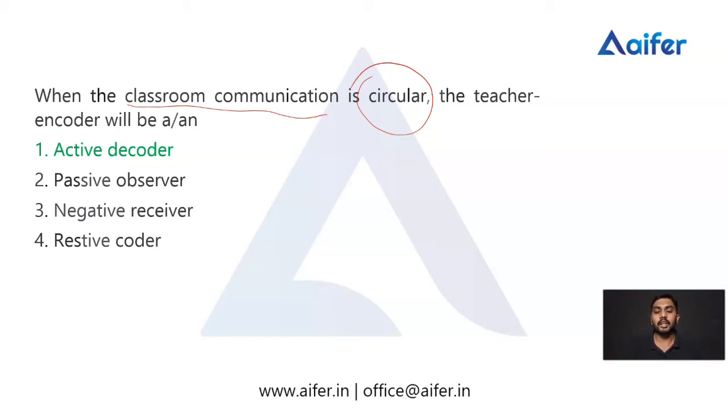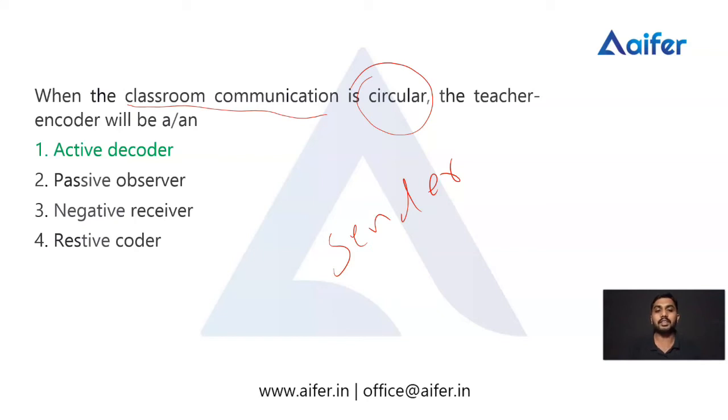We know how a communication process starts: from the side of a sender, when the sender sends a message, the communication starts. The sender sends a message to a receiver, and there is encoding.